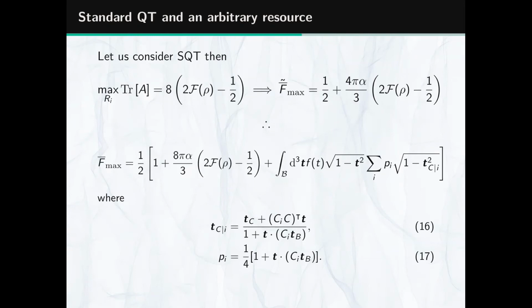If we use this, we have the solution for the optimization problem for a standard quantum teleportation and an arbitrary distribution of input states. That is the large equation here. The resource state is here, and as we can see, we have a more complex behavior of your fidelity. The conditional states are given by these matrices and products.